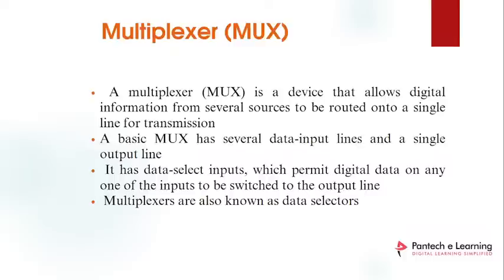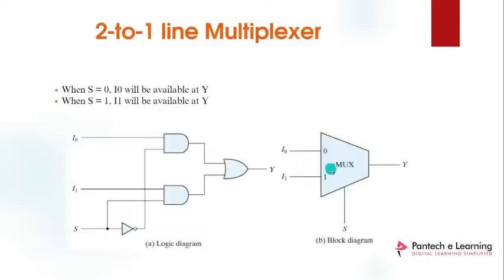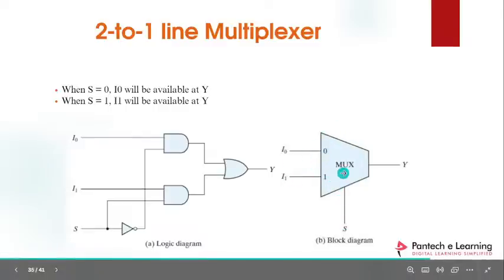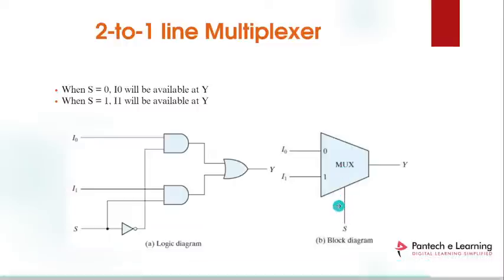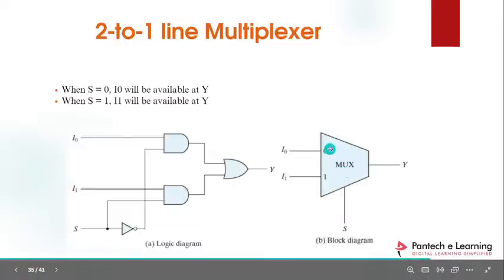If the multiplexer has 2 inputs, it needs one select line. If it has 4 inputs, it must have 2 select lines. Based on the selection line we can access the mux.